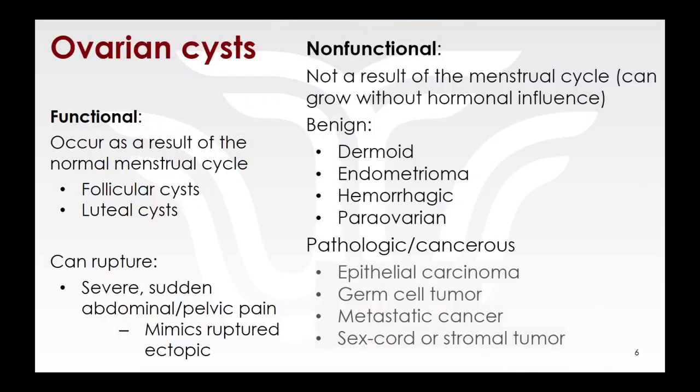Sorry, this slide is kind of busy, but cysts. Again, we're back to cystic structures of the ovary or the adnexa being divided into functional and non-functional. Basically, the key to remembering what those are: functional cysts are related to hormones, right? So they occur resulting from the normal menstrual cycle.